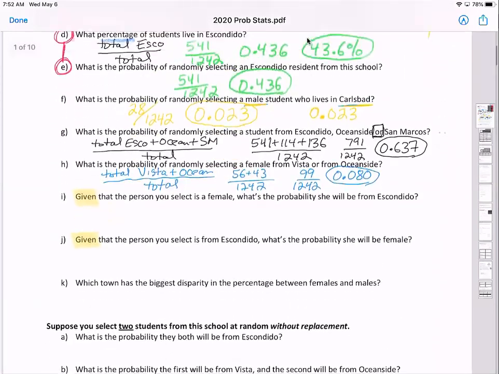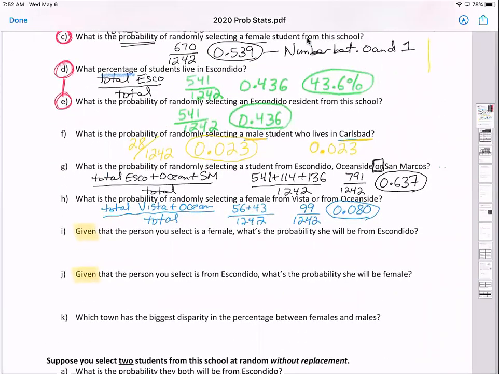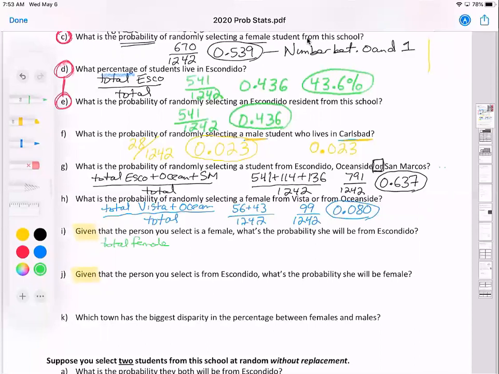So to calculate this probability, we need the total females from Escondido, divided by not just the bland total like we did on every problem before this, but we need the total females.